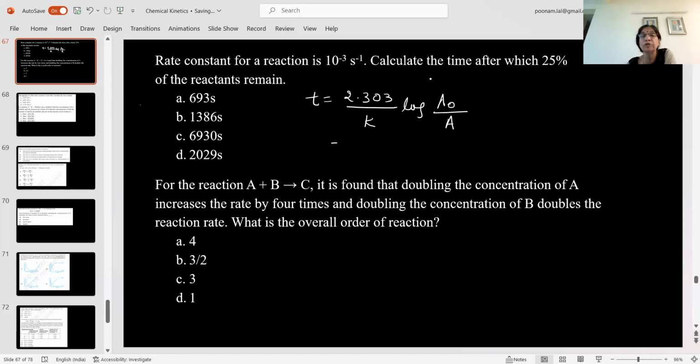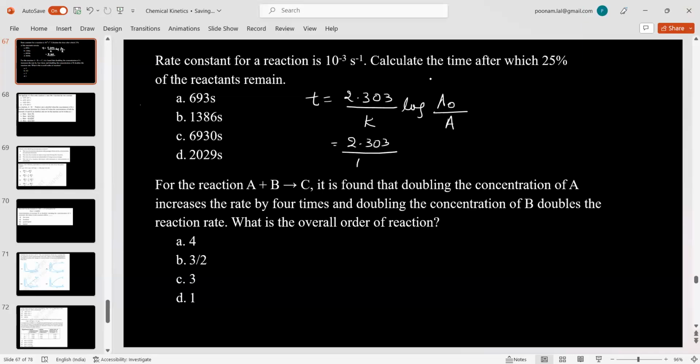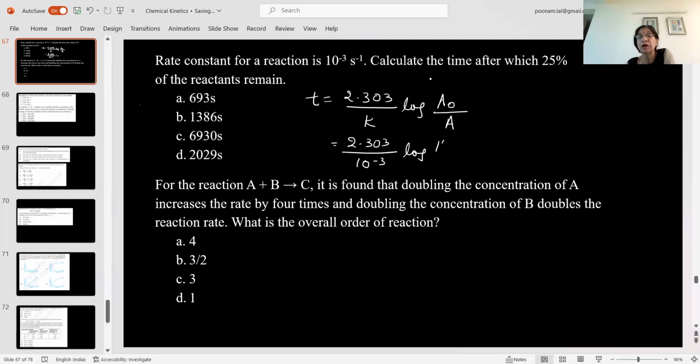If I put the values, it will be 2.303 by 10 raised to minus 3, log of 100 by 25, and that comes to 1386 seconds. The answer is option B. Now do the next one.